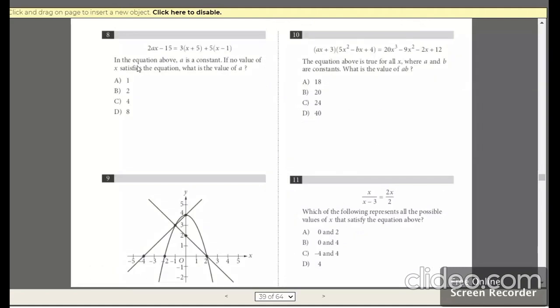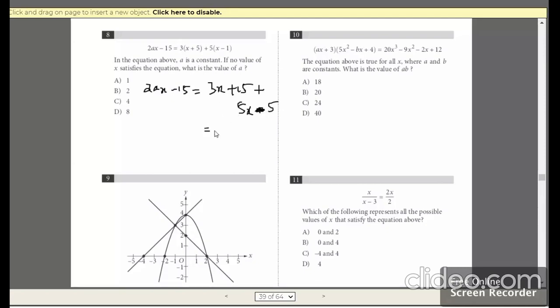Moving on to the next question, question number 8. Again, we have to work it out and get the value of a. What's the value of a for the expression that is given? 2ax minus 15 is equal to, just multiplying out, we get 3x plus 3 times 5, 15. Likewise 5 times x and minus 5 ones of 5.